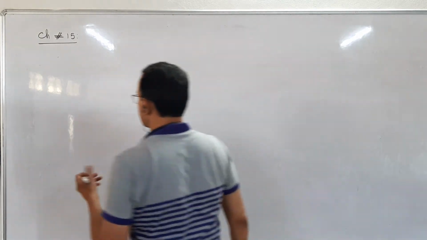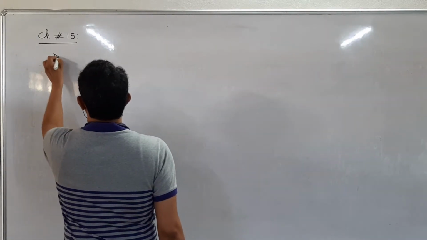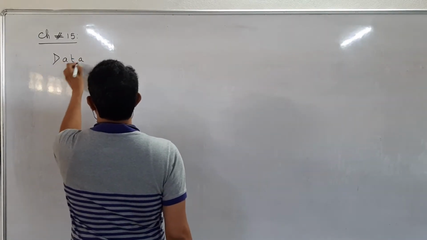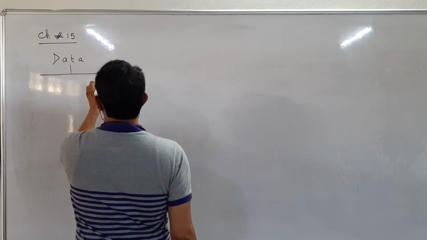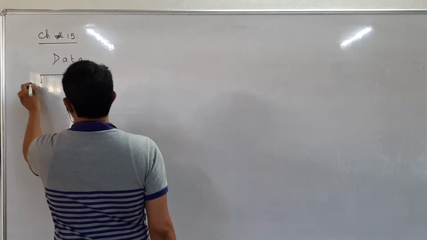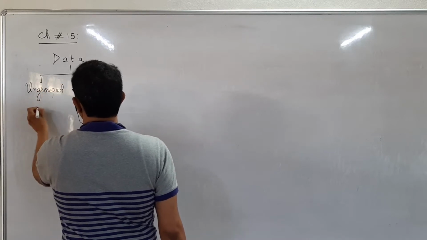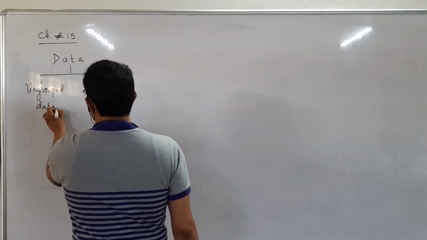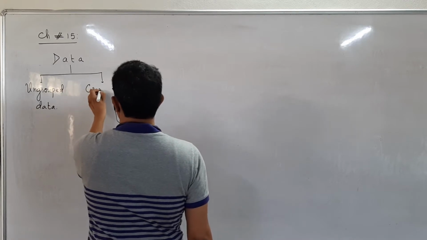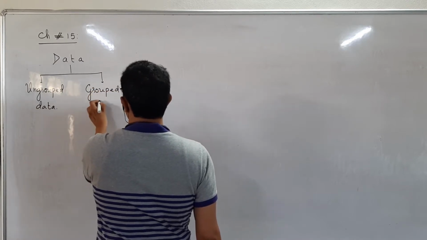in statistics, the total data is divided into two main categories. First is ungrouped data and second is group data.